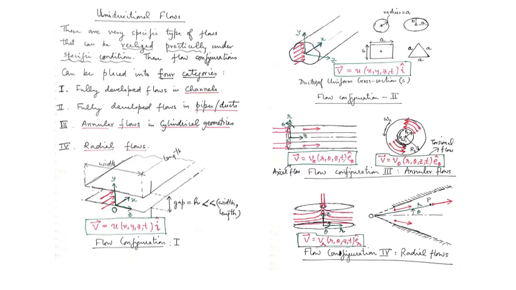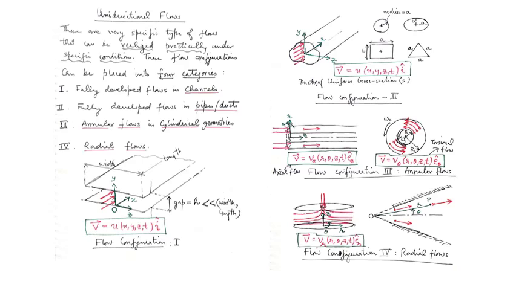So when you have this kind of physical scenario, the gap between the inner rotating cylinder and the outer rotating cylinder contains a fluid. In that fluid we expect velocities in the sense and direction shown with the help of curved red arrows.